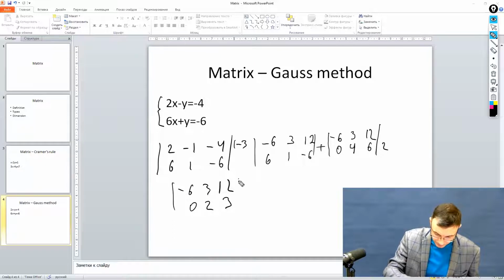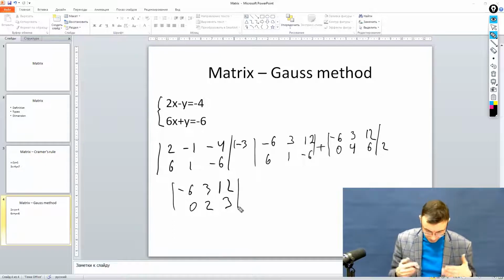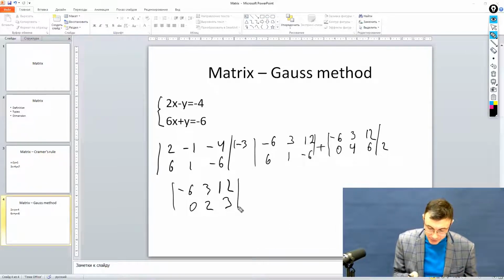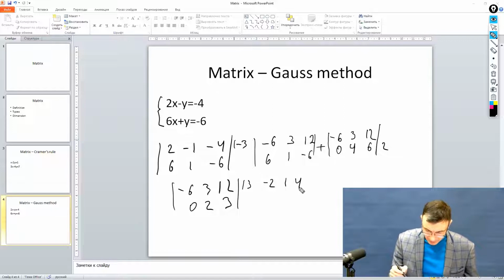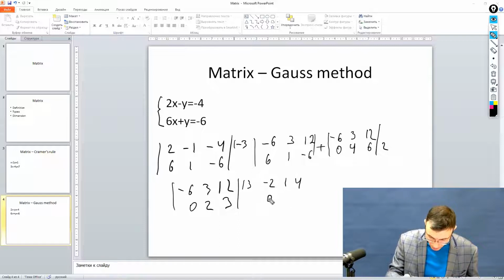Then we can divide the first row by 3 and have a system like minus 2, then 1 and 4, and the second row will be the same: 0, 2 and 3.